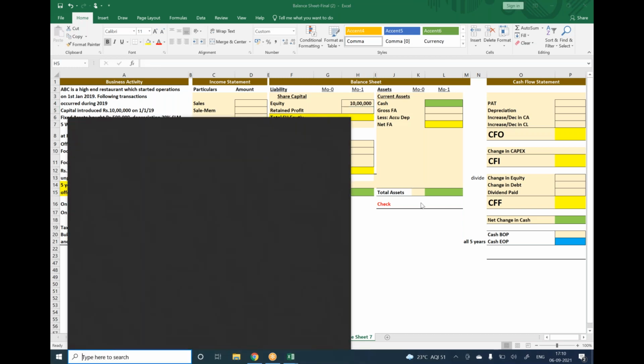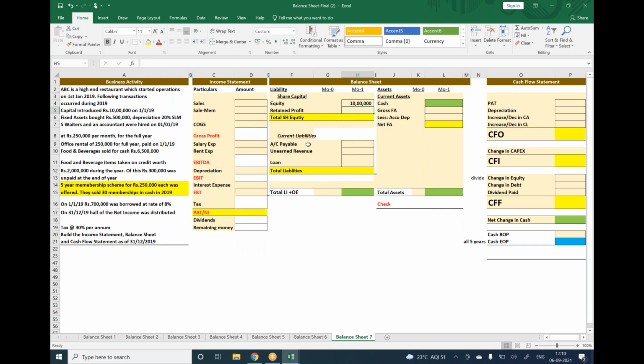Fixed asset bought for 5 lakhs. Yeah, I think it is 5 lakhs, right?